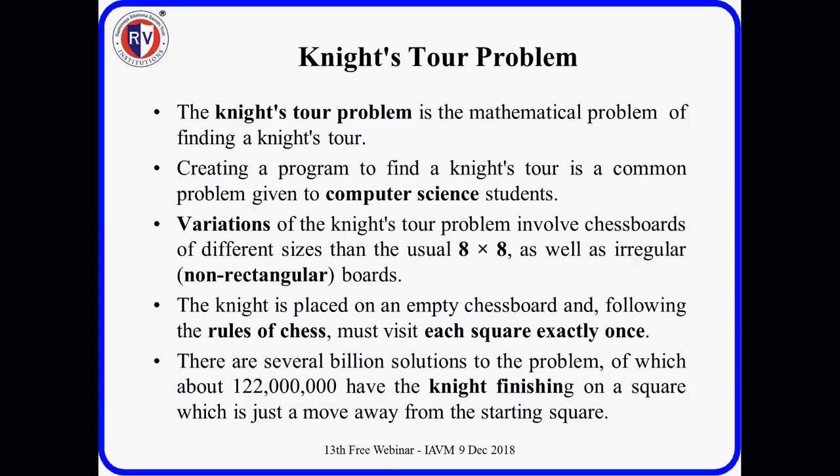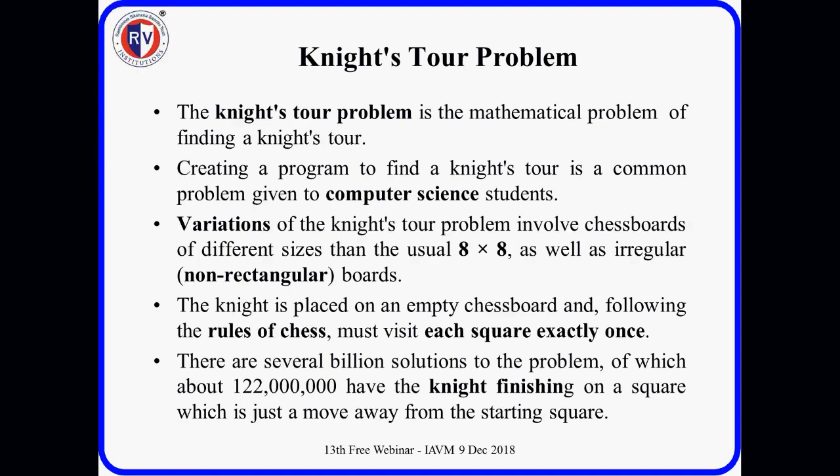It is similar here in the case of chess. If you take either an 8x8 chessboard or a 4x4 or 5x5 chessboard, I place the knight at one position, and it has to follow the rules of how the knight moves, and then it has to go through all the blocks exactly once, and cover all of them.